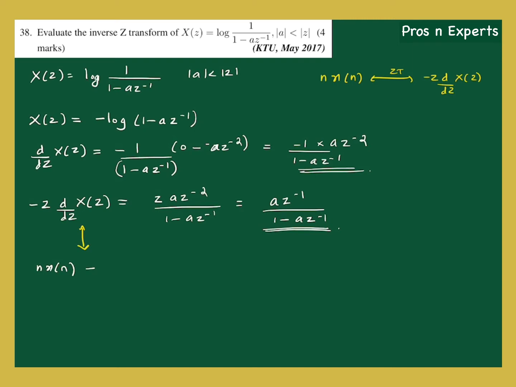Okay, so I can boldly write n into x of n will be the inverse Z transform of this term, right? Because we have found out minus z d by dz of X of z is this thing, so its inverse Z transform should be n into x of n from this property. Okay, so we will try to evaluate some inverse Z transform for this term and arrive at n into x of n. Okay, fine.